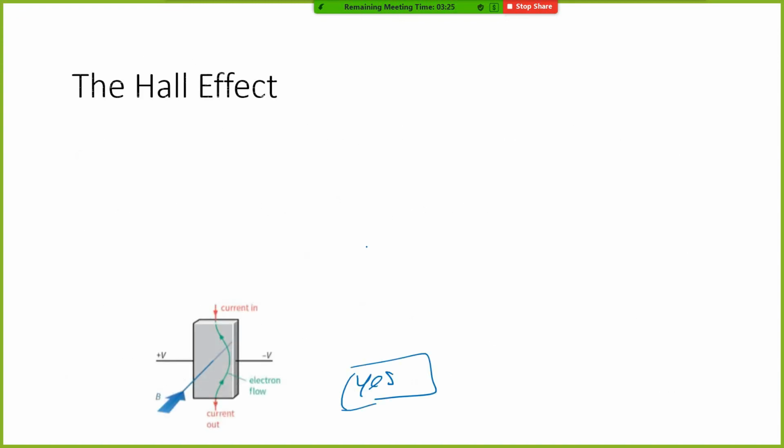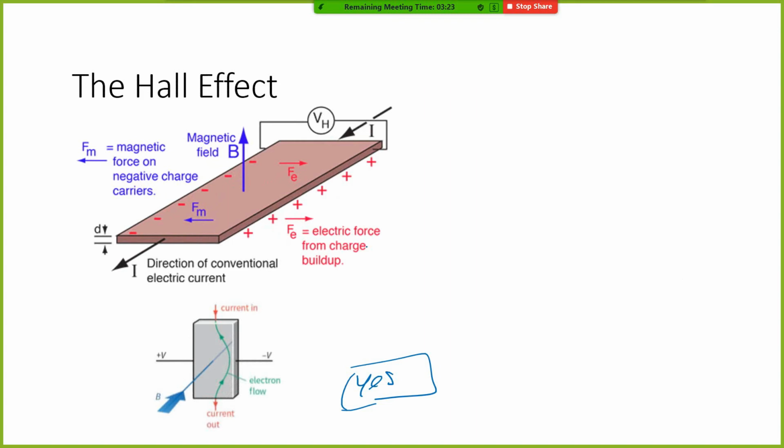We're going to just look at it from a diagram standpoint. What we're literally seeing here is that whenever current is flowing through a wire, and we allow a magnetic field to pass through the wire perpendicularly, the magnetic field would cause the electrons to no longer move in a straight path. At first, this was how the electrons would have been moving, going right across.